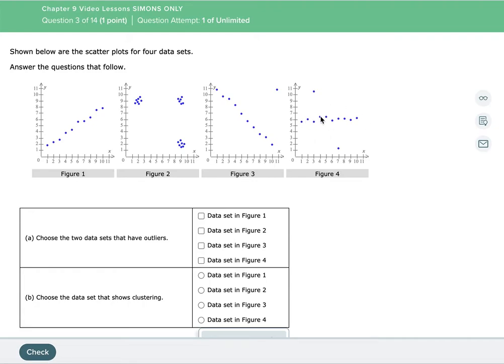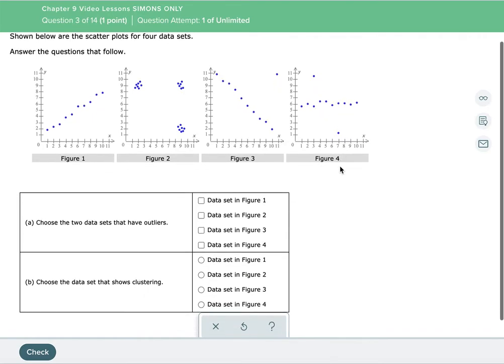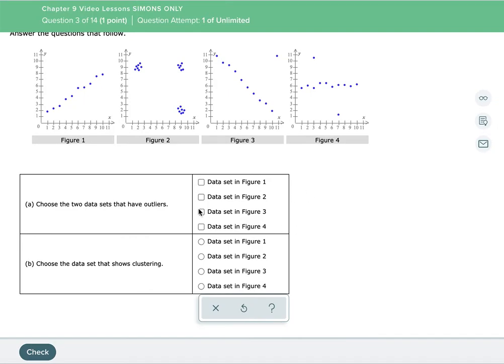Most of your data is trending straight across, around where y is equal to 6, but you've got this point up here that's almost at 11 for y, and this one down here that's almost at 1. So these 2 would be called outliers as well. You've got outliers in figure 3 and figure 4.